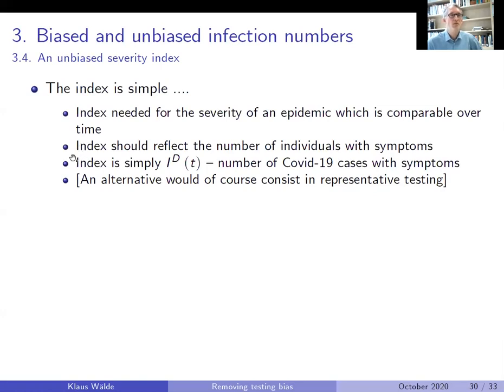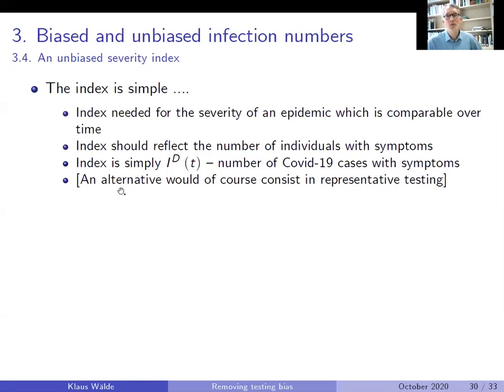As simple as that. So the index is simply the number of infections that are reported because we tested individuals with symptoms, I mean, laboratories tested because doctors said they should be tested, because then we get the number of COVID-19 cases. And this then would be comparable over time.